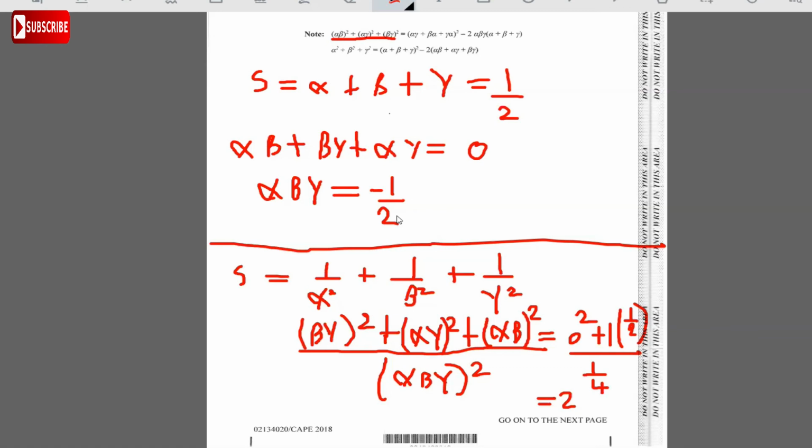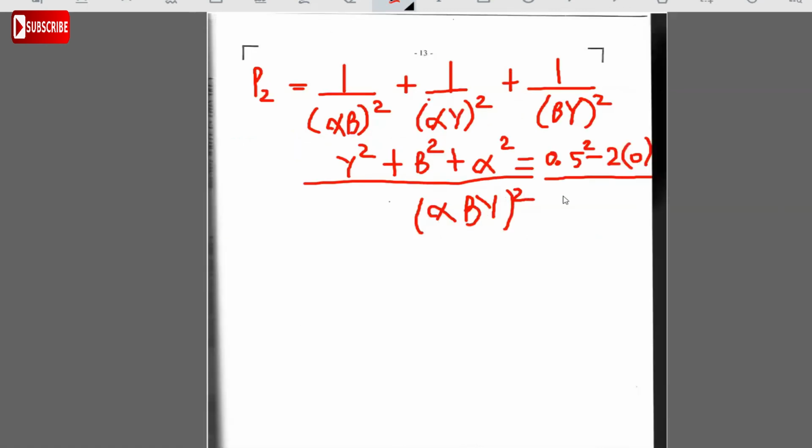Alpha beta gamma is minus a half, so we have minus a half all squared, which is a quarter. So we have a half squared divided by a quarter, which gives us the product by 2. A half squared divided by a quarter is 1.